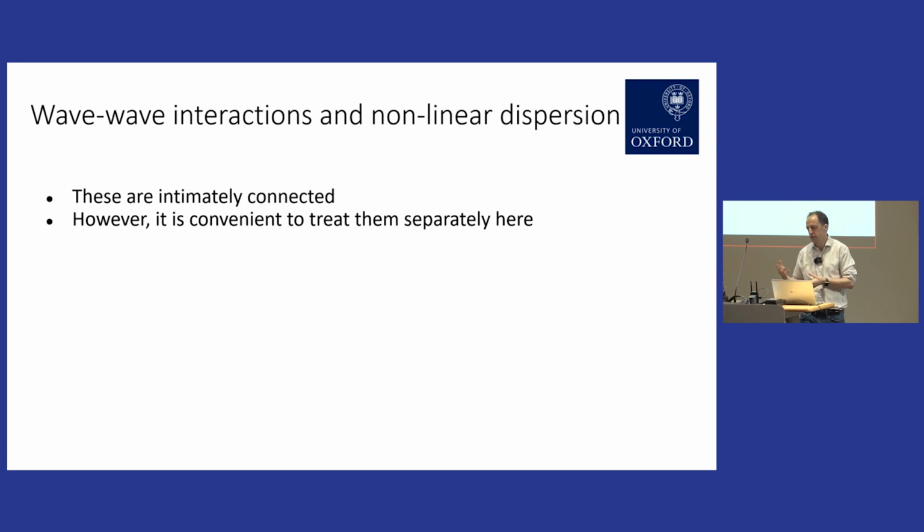So, for instance, I use the nonlinear Schrodinger type equations quite a lot, and in those these are basically all captured by the same terms. However, in terms of trying to give a qualitative understanding, it's probably sensible to separate these out a little bit.